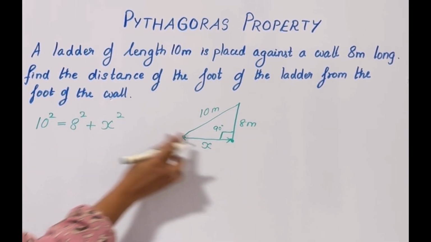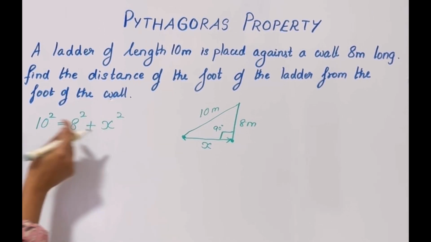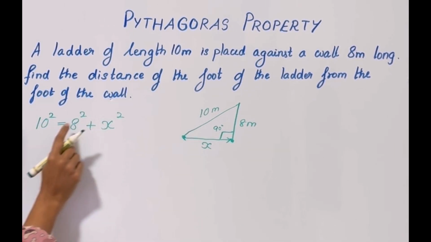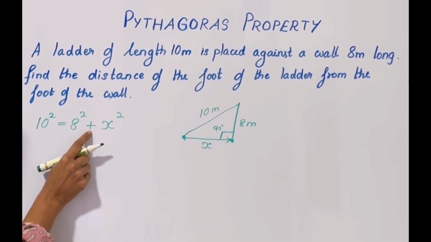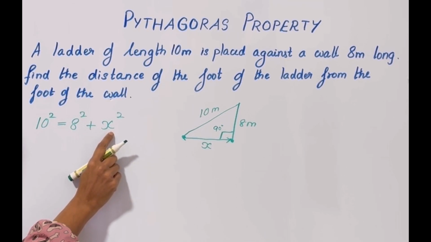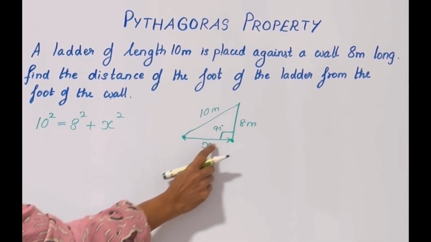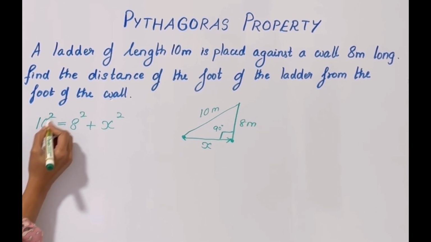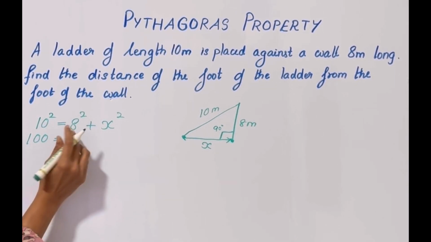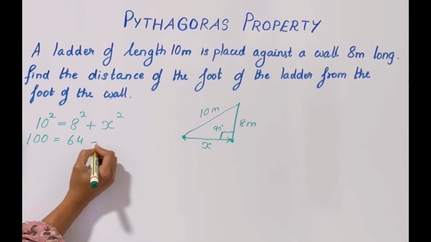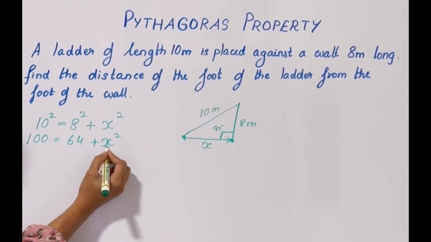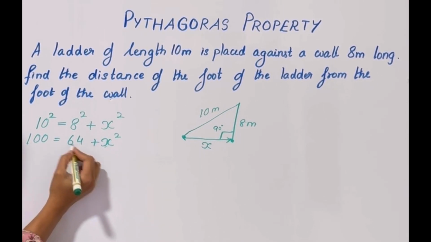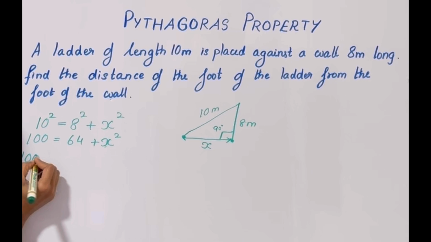first let's write the Pythagoras statement: the square of the hypotenuse is equal to the sum of the squares of its legs. One leg is 8, the other one is missing. We have to find it. So what is 10 square? 10 square is 100 and 8 square is 64. Now to find this side x, move the 64 to the left side.